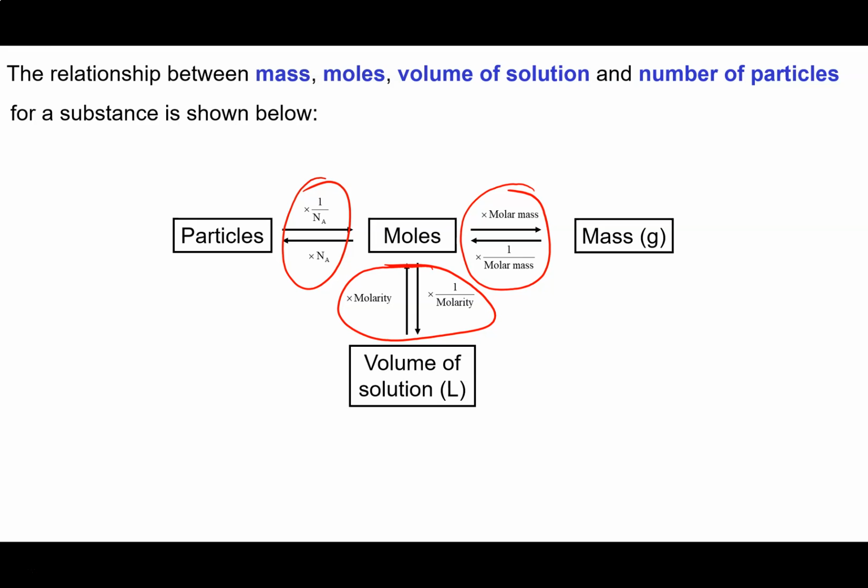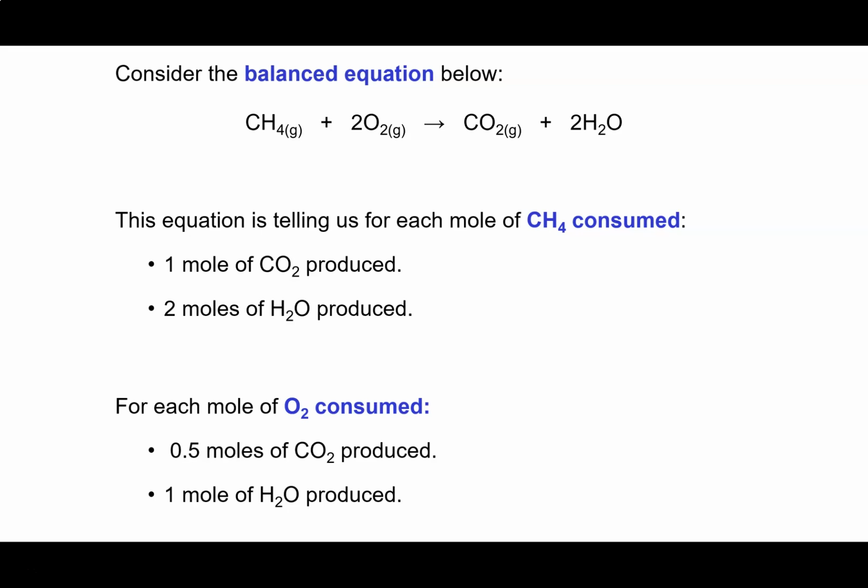What happens when we have a balanced chemical equation with multiple substances? When we have a balanced chemical equation, we have coefficients that indicate the amount of reactants being consumed and the amount of product being produced.